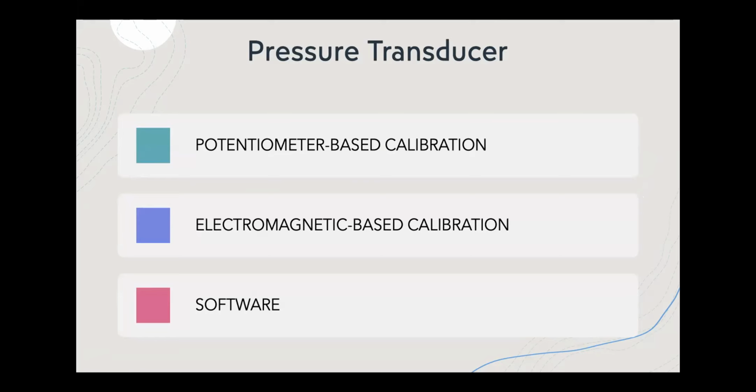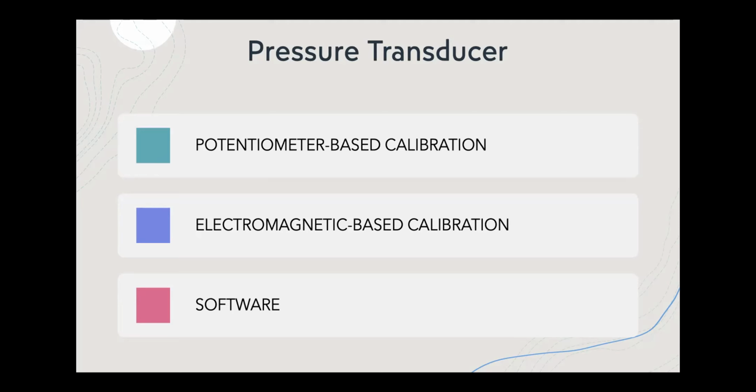For potentiometer based calibration, I don't understand much about it, but for pressure transducer, it's just turning the screw, adjusting the screw of the low end output or high end output.